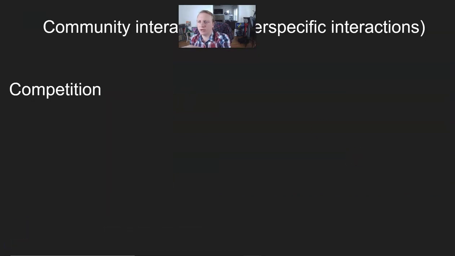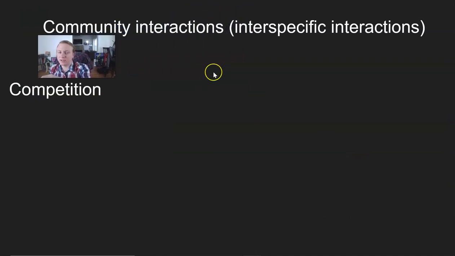So again, these are community interactions. Remember, the basic unit of biology is a cell. And that cell can be an individual. A group of individuals of the same species is a population. So let's say you have a multicellular organism, and you have a bunch of humans all living in the same area.